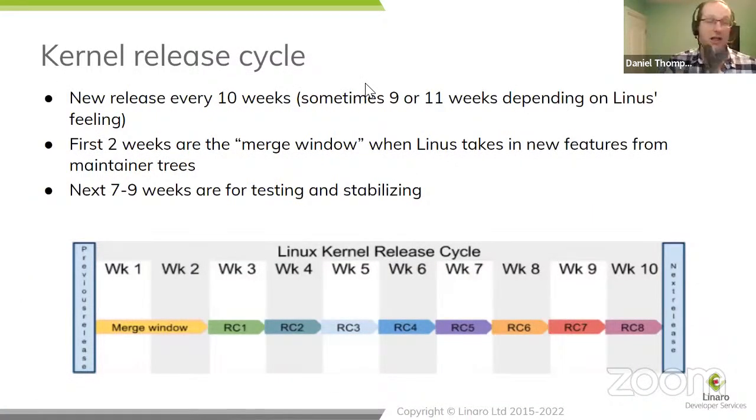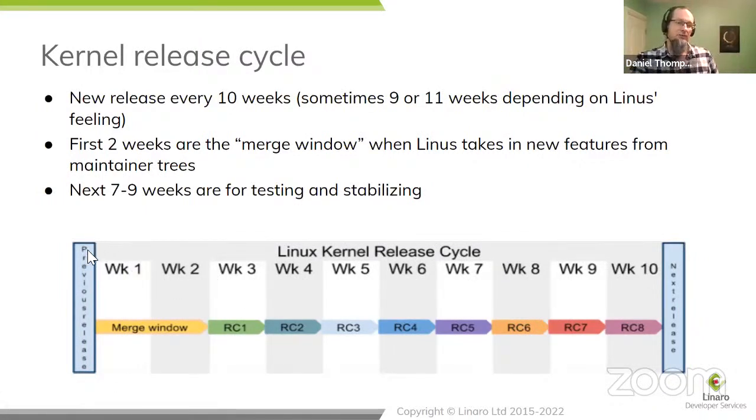So the next thing that us upstreamers want to understand is the kernel release cycle. The kernel release cycle applies to new features that you want to land in the kernel, and it is a never-ending cycle. As soon as you get to the next release, it becomes the previous release, and we continue on.